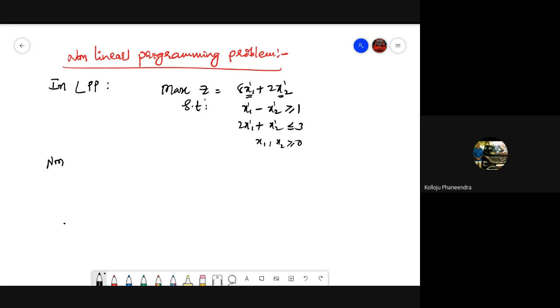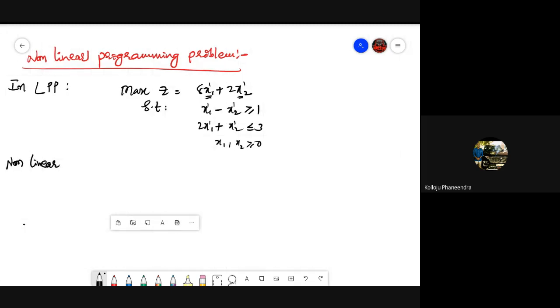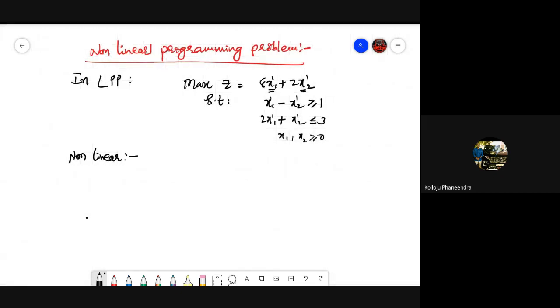So, I am giving one short definition for non-linear. What is meant by non-linear? Let me tell you first linear, then I will go for non-linear.